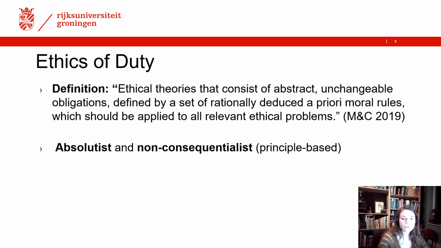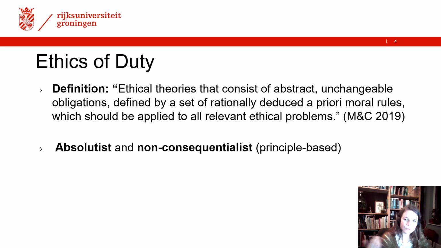Ethical theories that consist of abstract, unchangeable obligations defined by a set of rationally deduced a priori moral rules which should be applied to all relevant ethical problems. I think this is a whole mouthful, and I can very much imagine that if you read this you don't really understand what Crane and Matten are actually trying to tell here. So let us have a look at some parts of this definition and discuss what they mean.